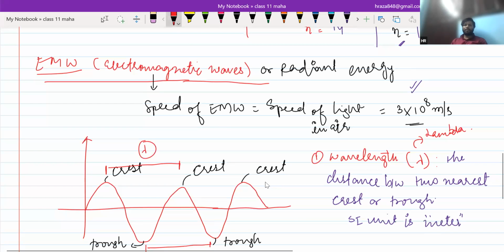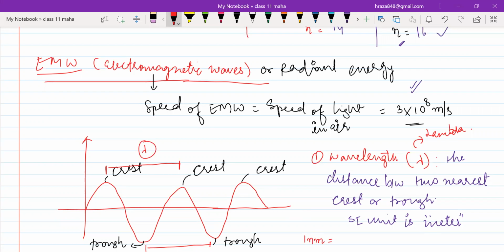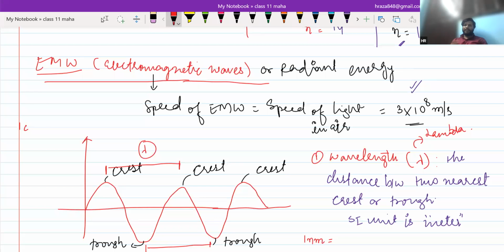It is also very important to learn, as you have already learned in the first chapter, how many meters are there in 1 nanometer? 1 nanometer is 10 raised to the power minus 9 meter.